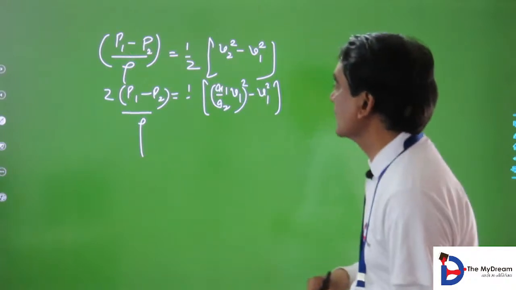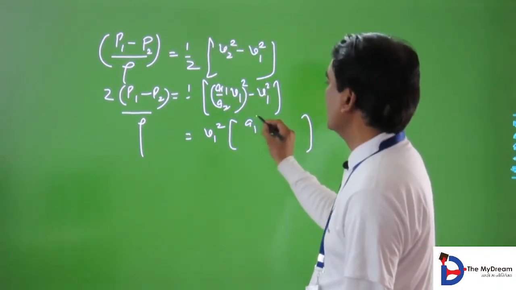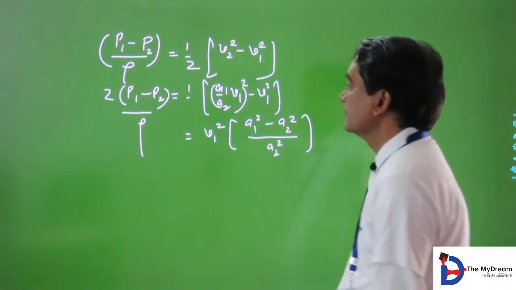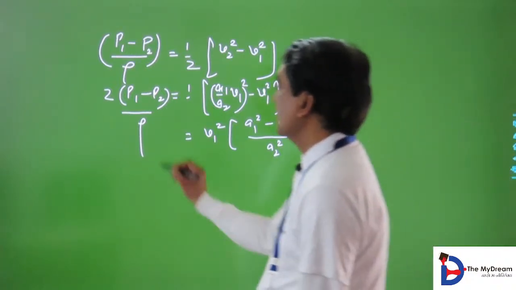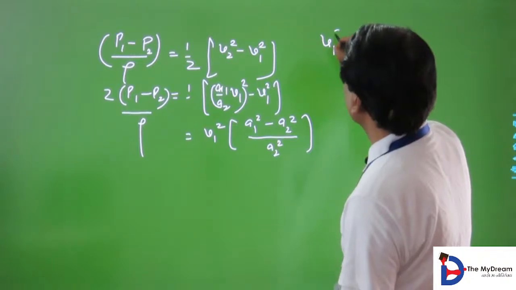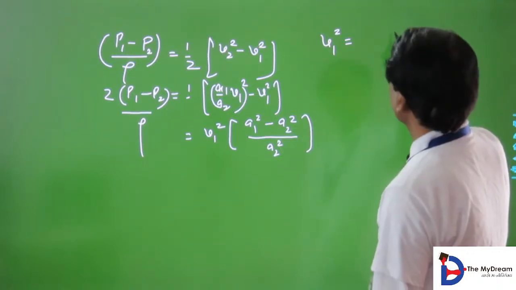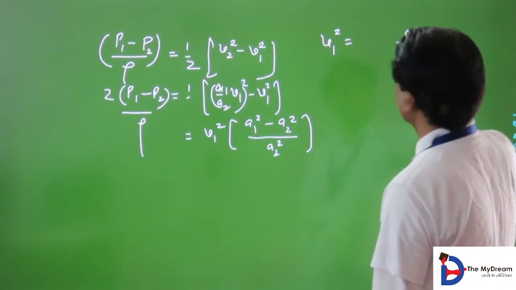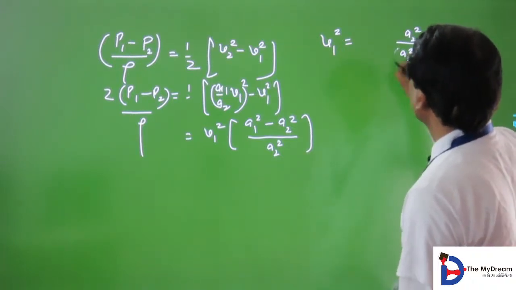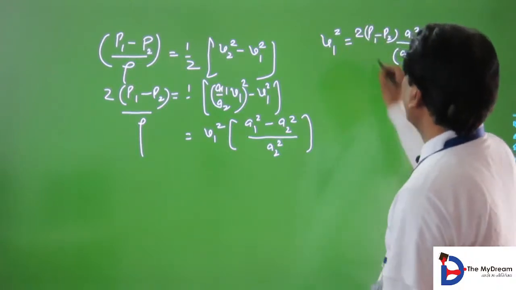V1 square is common, and taking the LCM A2 square, V1 square equals A2 square divided by A1 square minus A2 square, twice P1 minus P2 divided by rho.